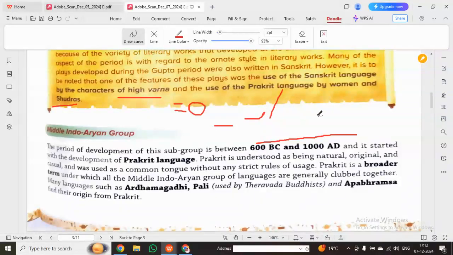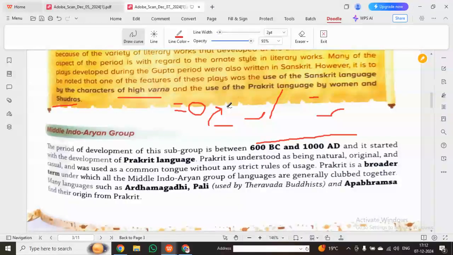Sanskrit has a proper dialect or proper usage. You have to say dog, so you have a specific word for that. But in Prakrit language, it is easy to pronounce the things. Not a strict word for a specific thing.